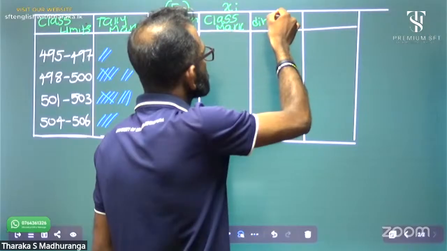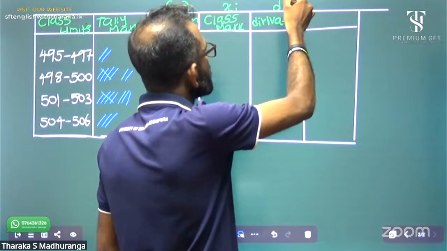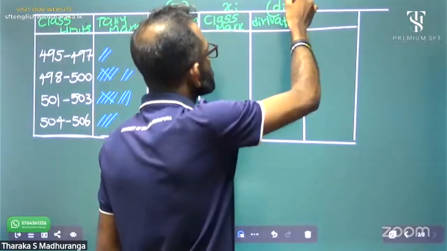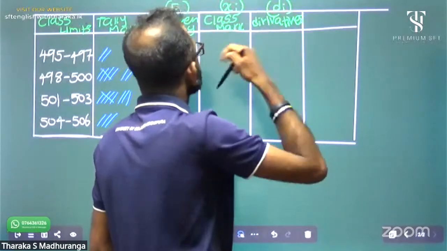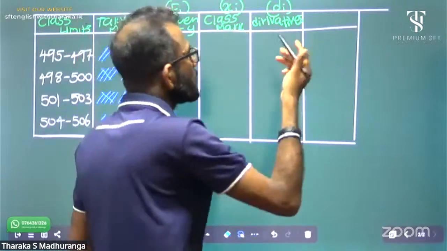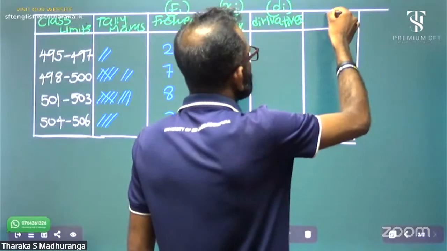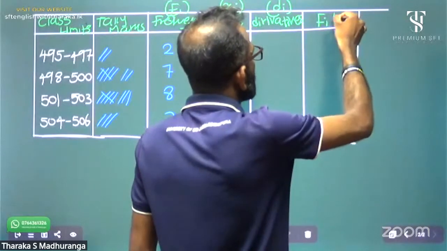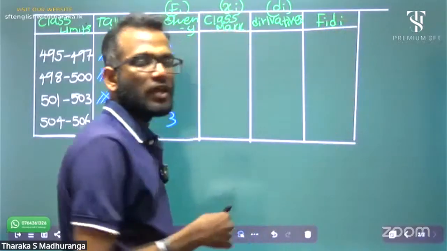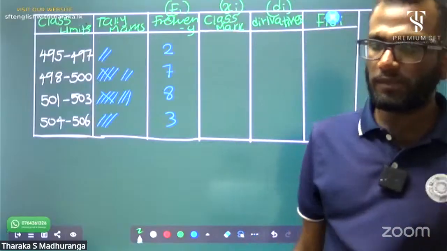Derivatives mean di. Simple di. Finally, we don't need fi xi. We need fi di. The multiplication is deviations. Hurry.